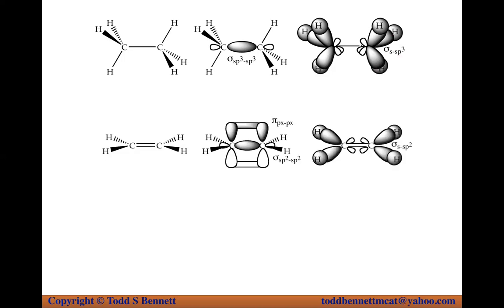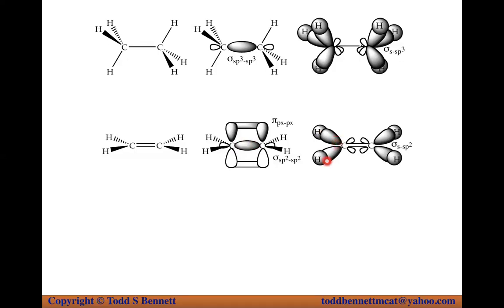For the alkene, the double bond, again, the pi and sigma between the carbons: the sigma bond has electron density between the two nuclei. The pi bond always has electron density outside of the internuclear region. So the sigma is between the nuclei, pi is above and below, but not between the two nuclei.